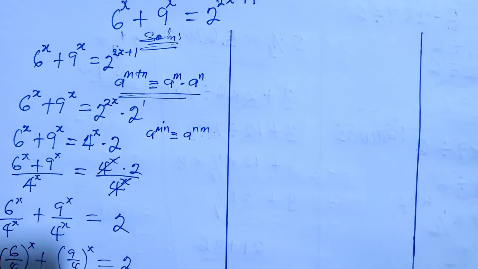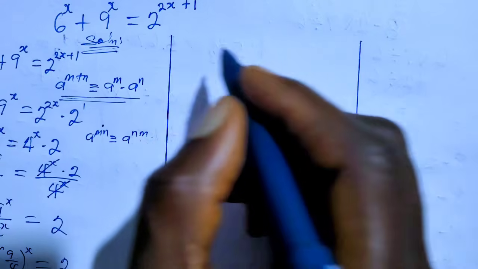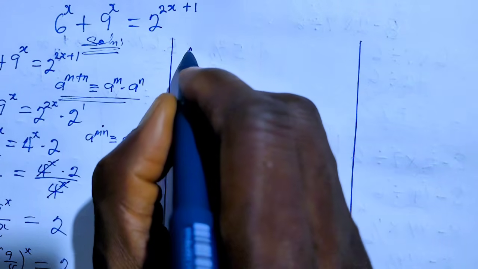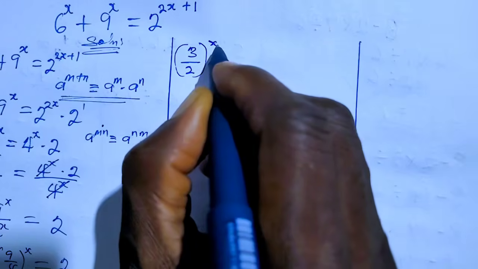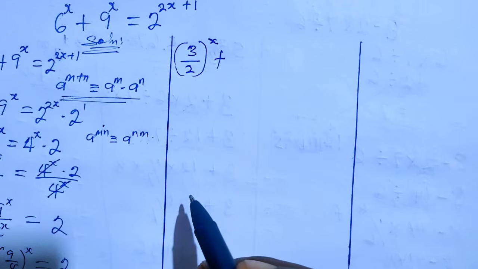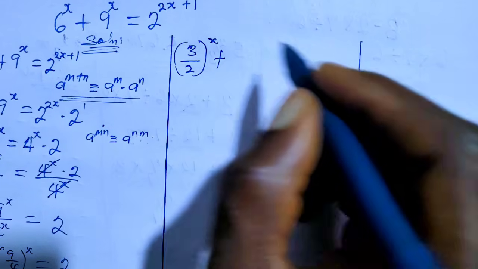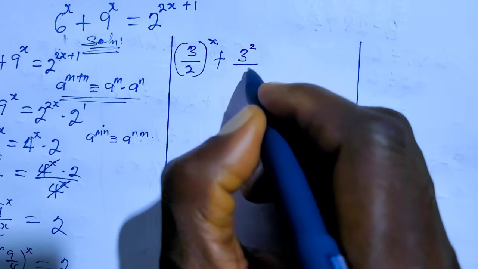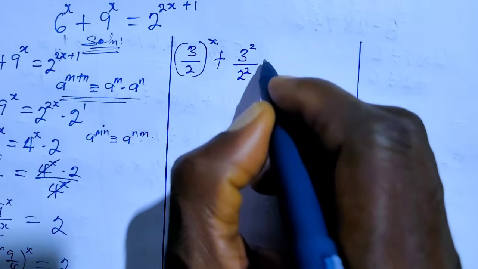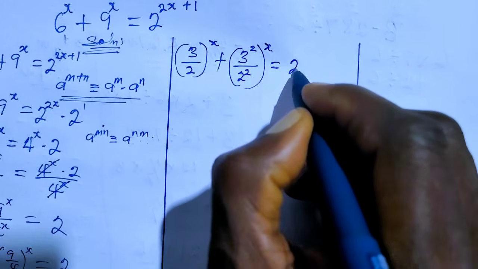At this point, we have that 6 divided by 4 can also be expressed as 3 all over 2 to the power of x plus 9 all over 4, which can also be expressed in index form as 3 to the power of 2 divided by 2 to the power of 2, all to the power of x equals 2.